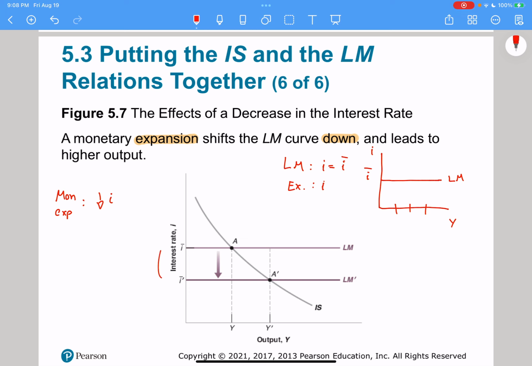So when the interest rate goes down, for a given IS curve, I'm not doing anything with the IS, there's no fiscal policy happening here. What happens with the equilibrium? Well, you reduce the interest rate, which shifts down the LM curve, because the LM curve is defined by the interest rate, and this is going to lead to a higher output, okay?